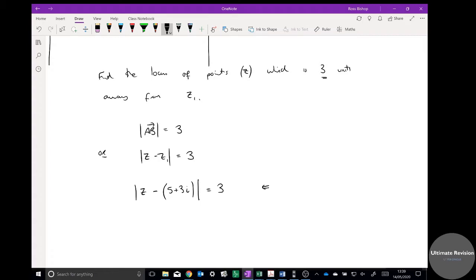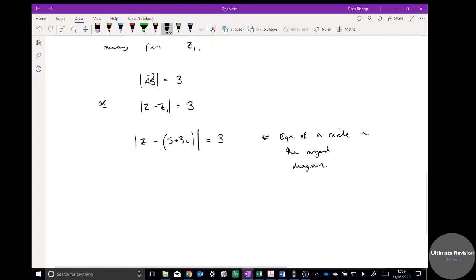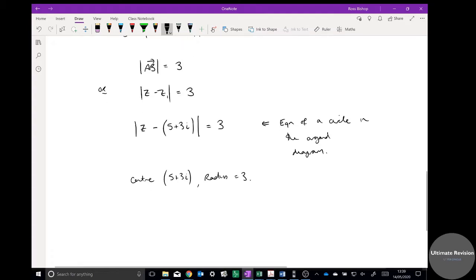That there is effectively the equation of a circle in the Argand diagram. And it's got a center of 5 plus 3i and a radius of 3.